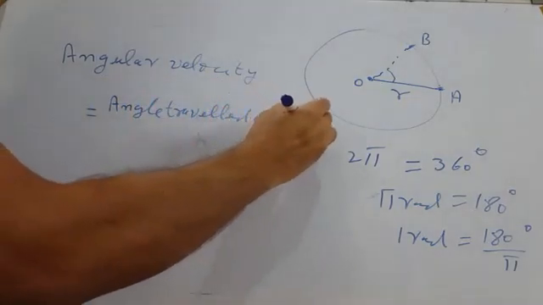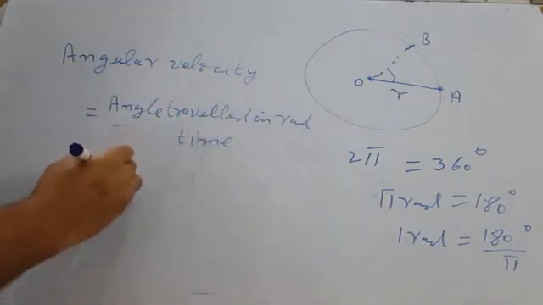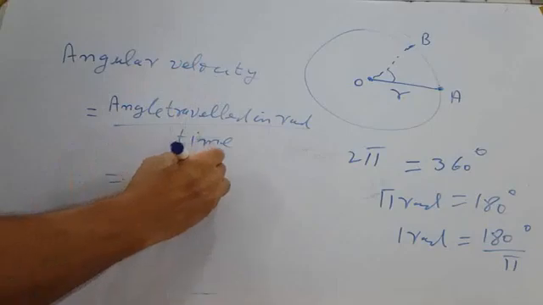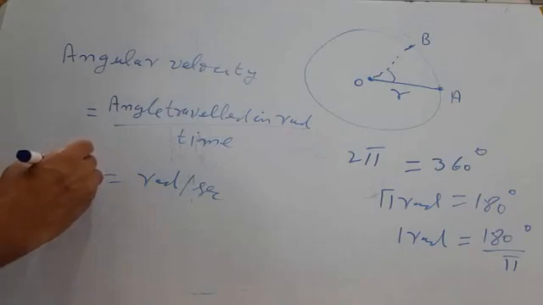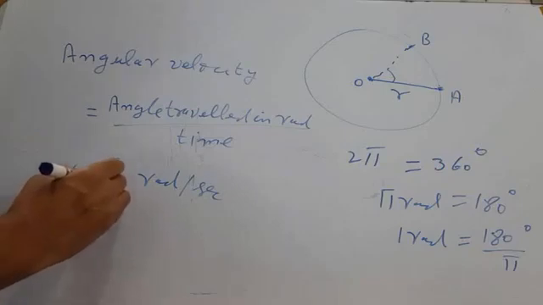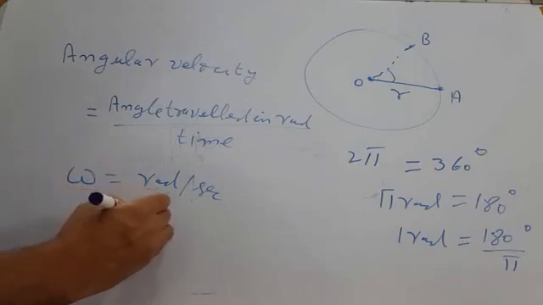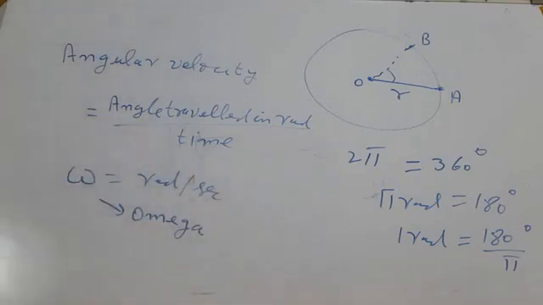So radian per second will be its unit. This angular velocity is denoted by omega, the Greek letter omega. So angular velocity will be denoted by omega, and it is in radian per second.